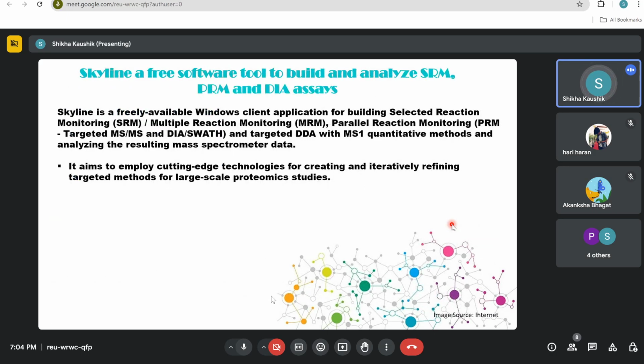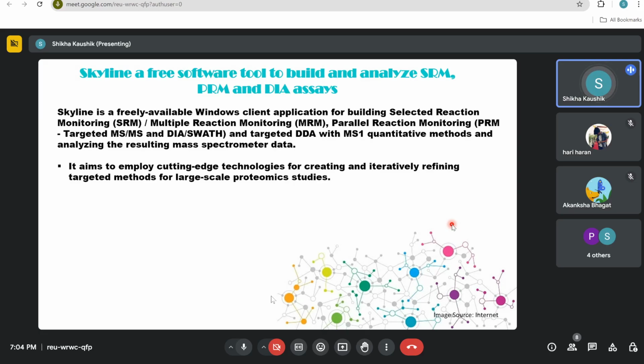Then you have a software called Skyline. It is a free software tool to build and analyze SRM, PRM, and DIA. It is freely available. You can get this particular software, and the aim of this software is to employ cutting-edge technology for creating, iterating and refining target methods for large-scale proteome study.